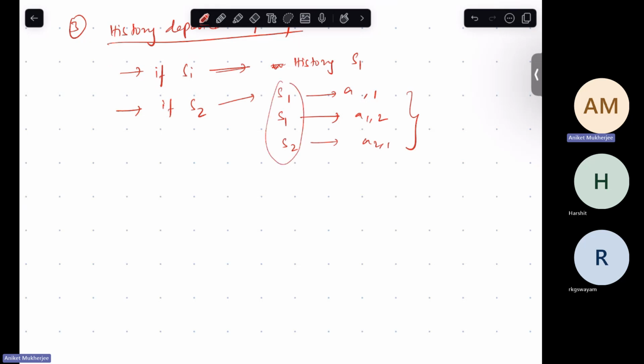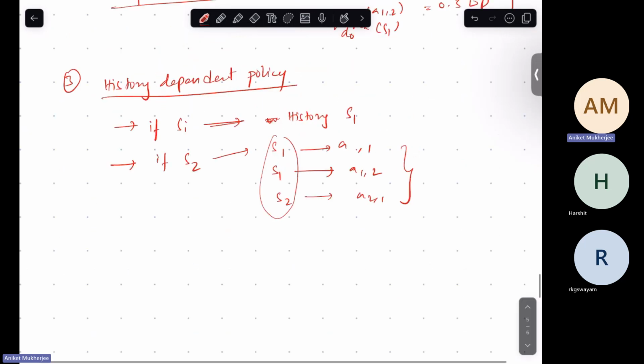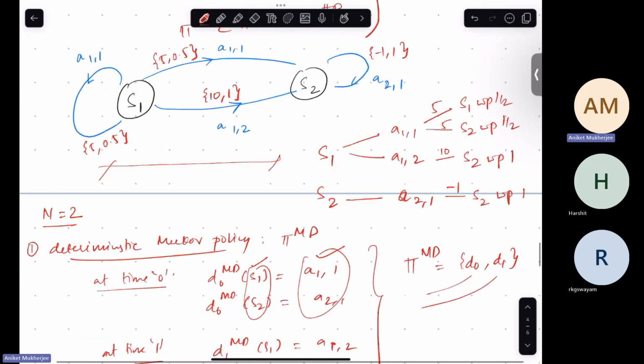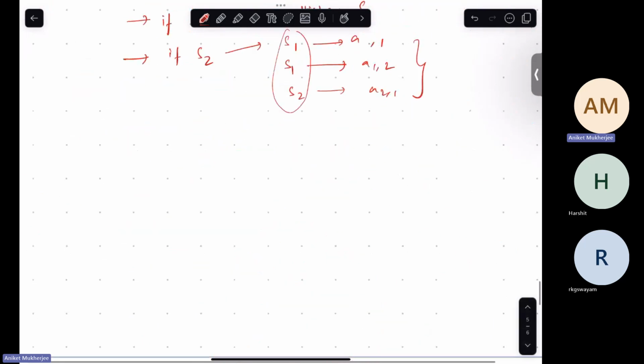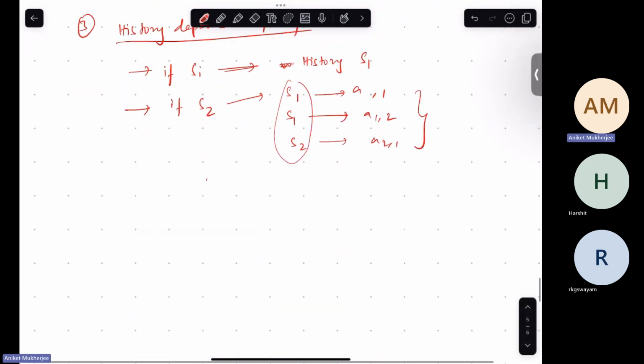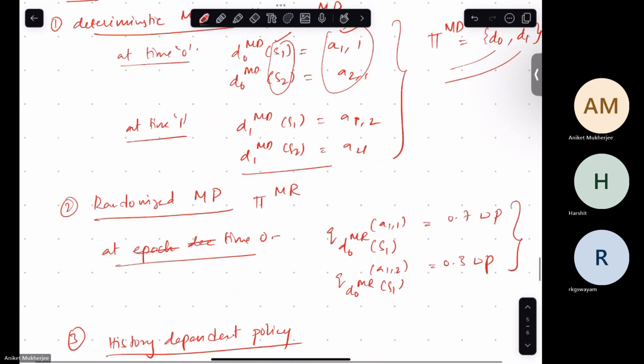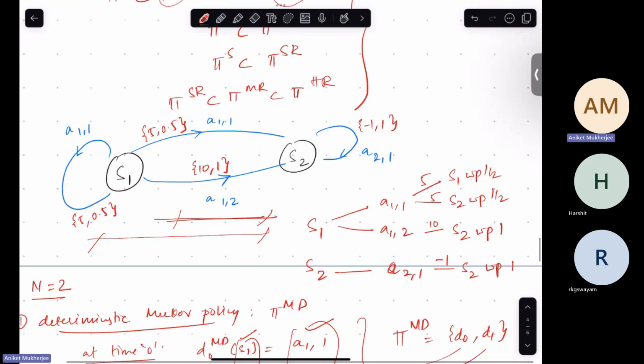If you know what previous state you were in, then you know the whole history. So because you have this Markov property from this MDP diagram, all your history dependent policies would be your Markov policies, because your states are such that they depend just on your previous state and not the whole past.